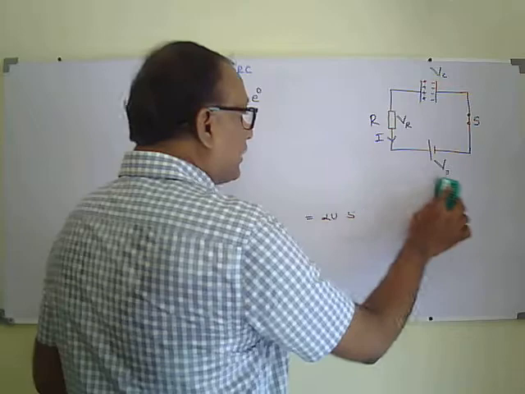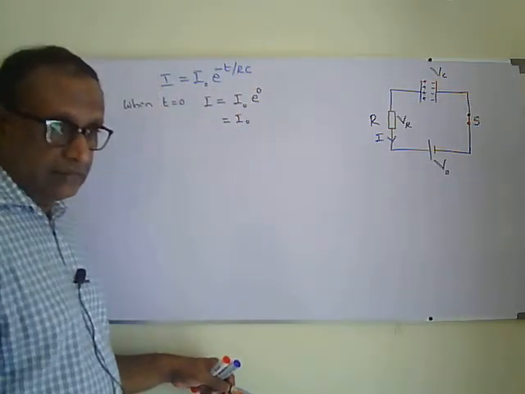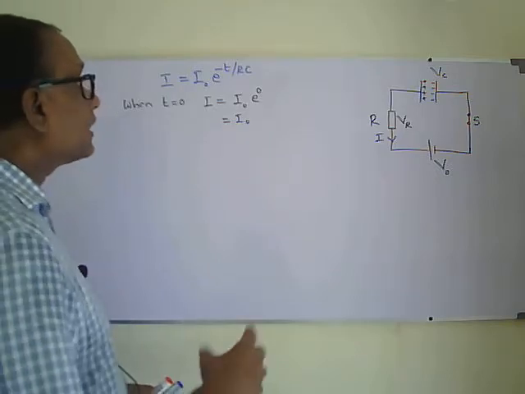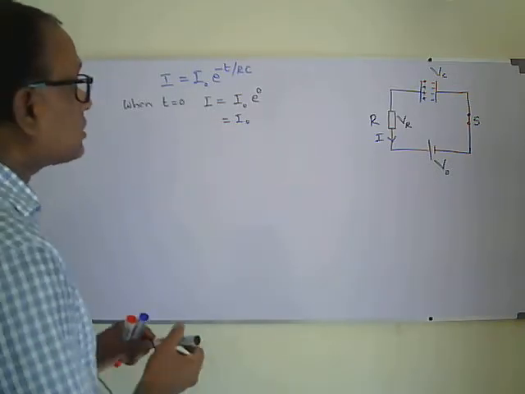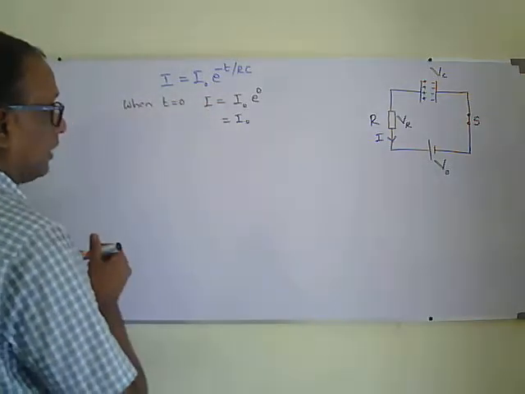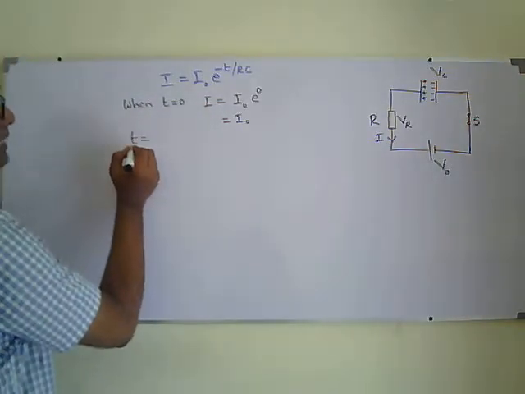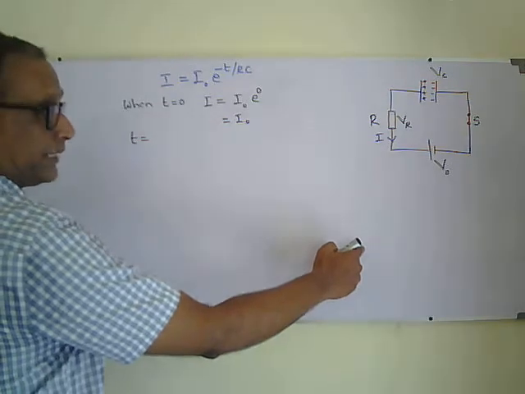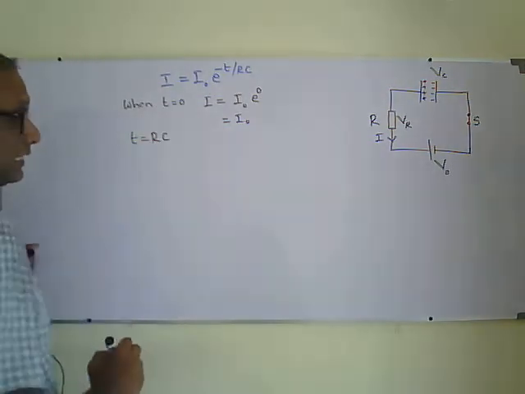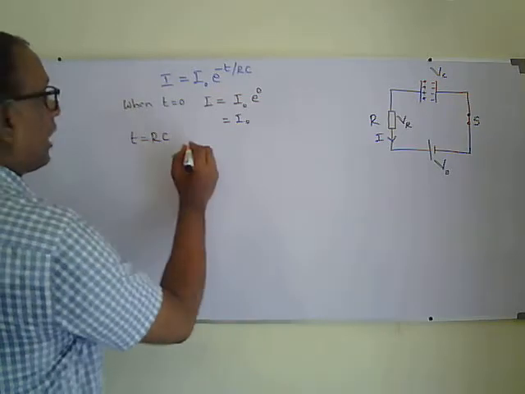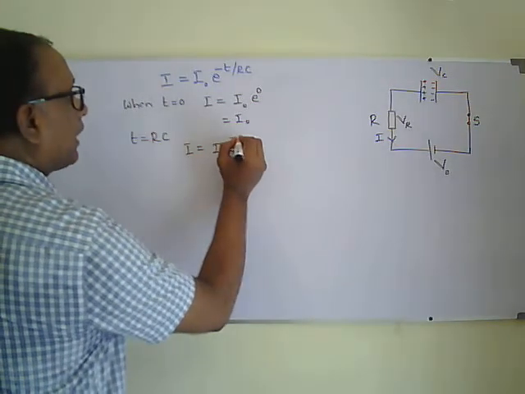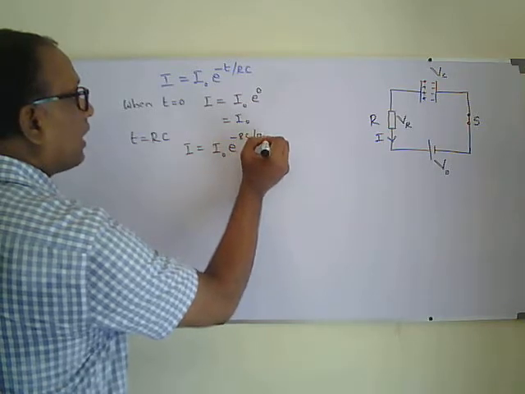Every 20-second interval, if I consider how the current is going to change: when t equals 0, I is equal to I naught. When the time becomes 20 seconds, generally I'll say when the time t becomes equal to RC, what will be the current flow? I will be equal to I naught e to the power minus RC over RC.